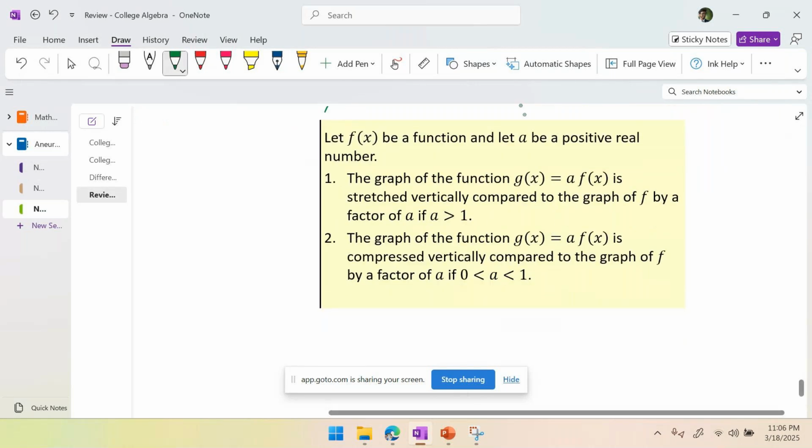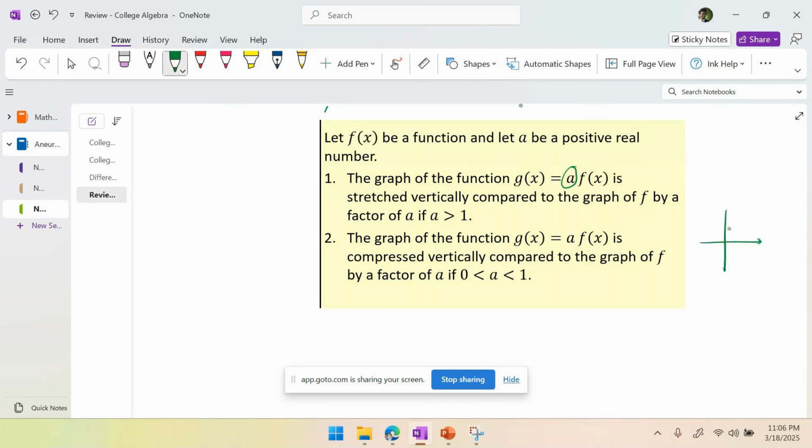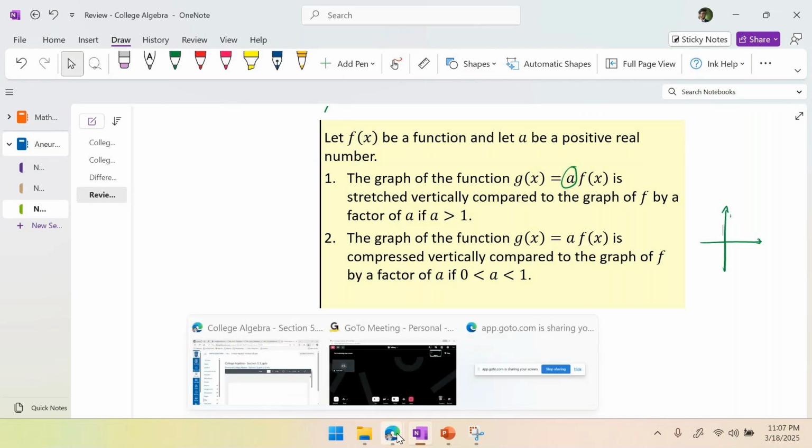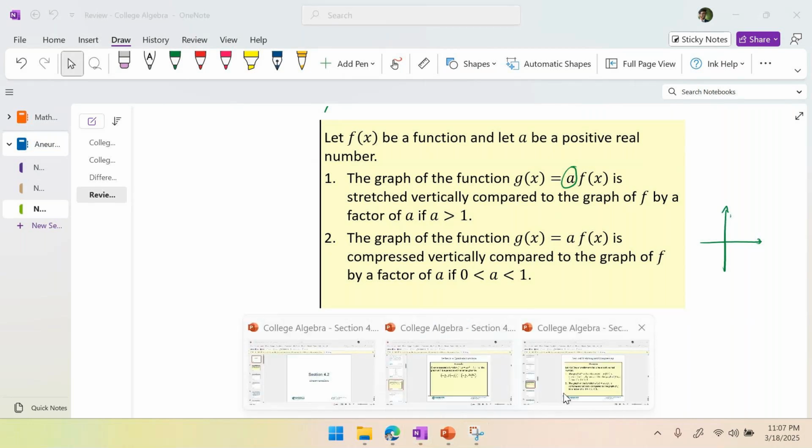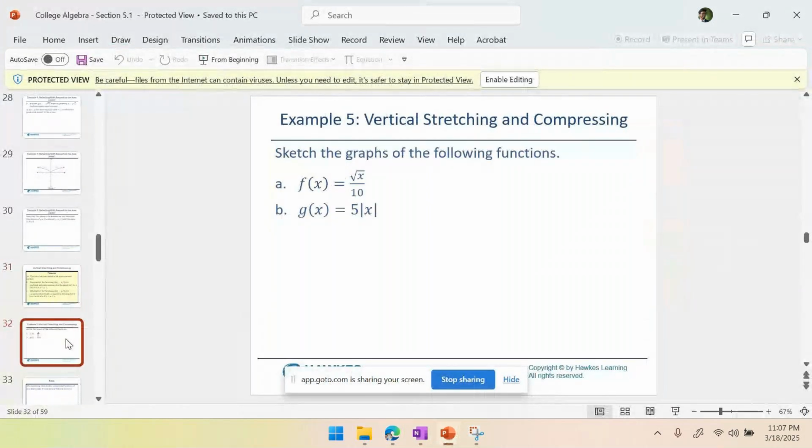So when you multiply with a number like this, the graph will vertically stretch. Vertical stretch means it stretches along the y-axis. And if you decrease the value, it compresses. Okay, a very good way to visualize this is by using Desmos. So let's take the example they have given.